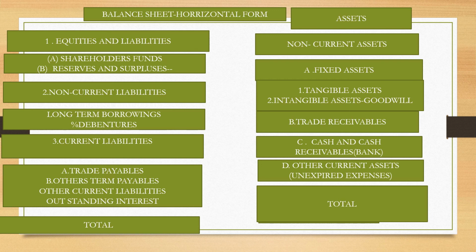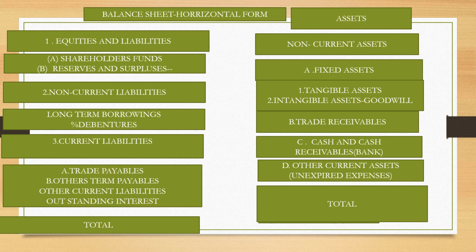In current liabilities, we include accounts payable, that is sundry creditors, bills payable, rent payable, interest payable, tax payable. Trade payables. What are trade payables? That is bills payable or sundry creditors. Others, items payable, other current liabilities, outstanding interest.